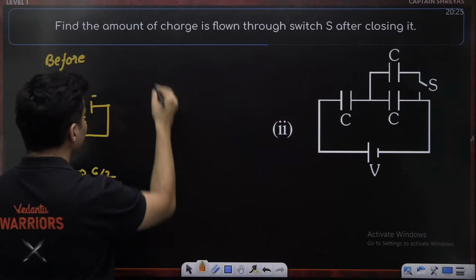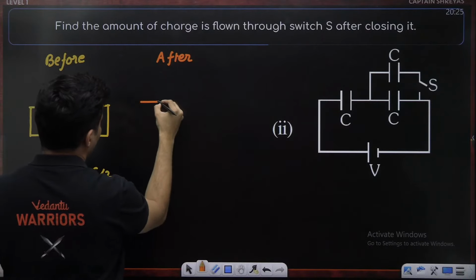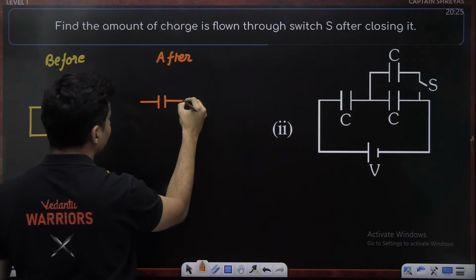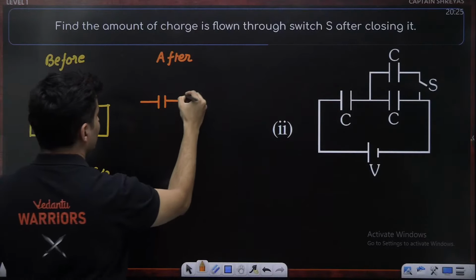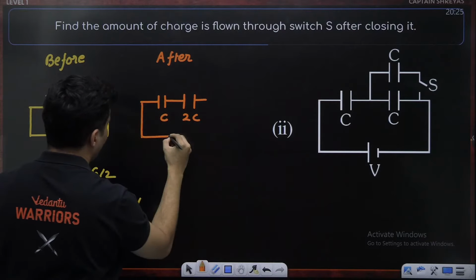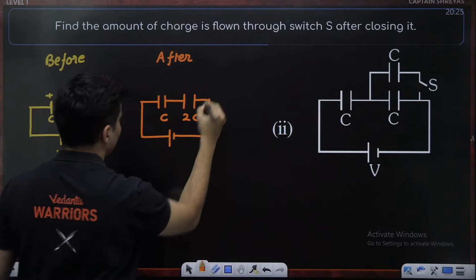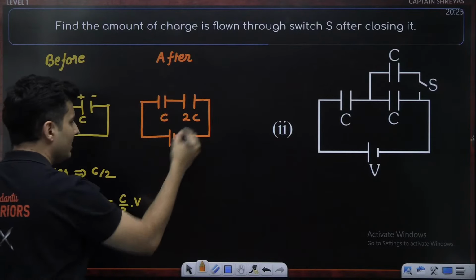Let's have a look. What happens afterwards? Well, you will have this capacitance. These two will be in parallel. Do not forget it. So this will be C, this will be 2C, and this battery will be just connected over here. So C and 2C are in series.